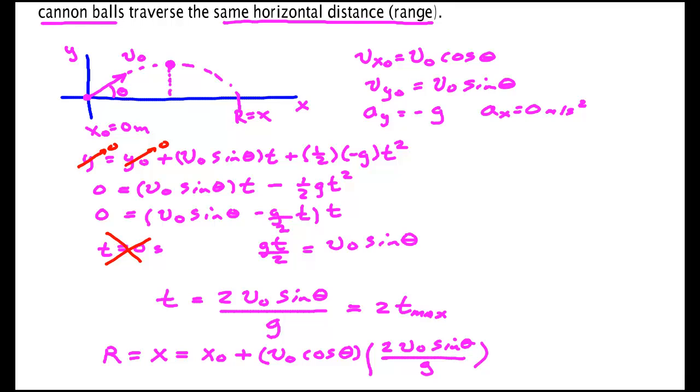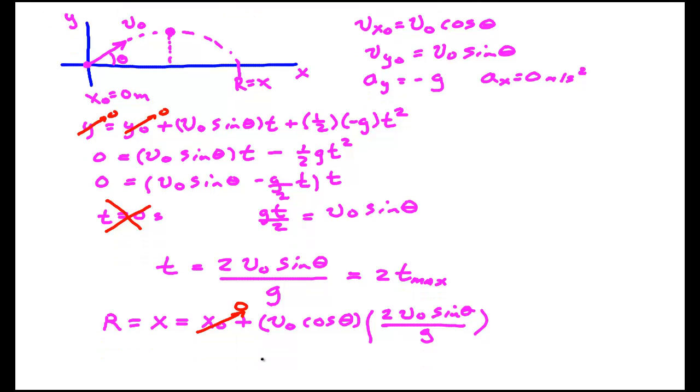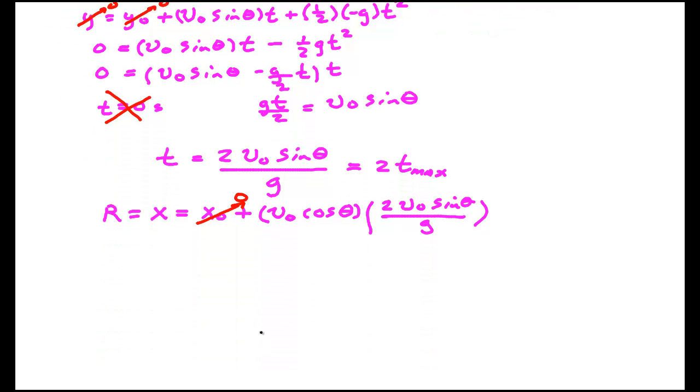And I can simplify by knowing that x naught is 0. Now, this equation is fine as it is, but it has the complication that the cosine function, as you change the angle, changes, and the sine, as you change the angle, changes, and they don't change in the same way.